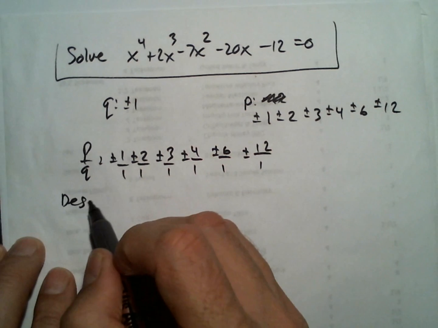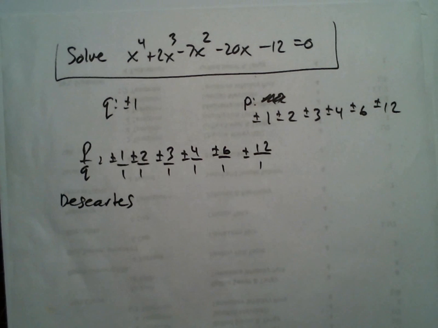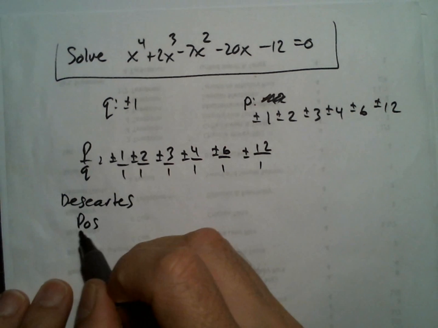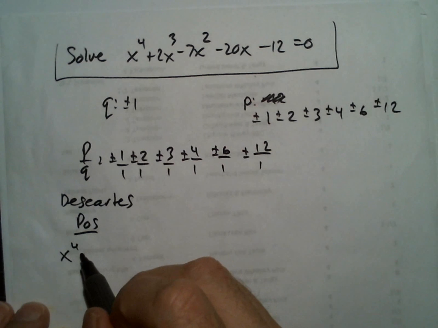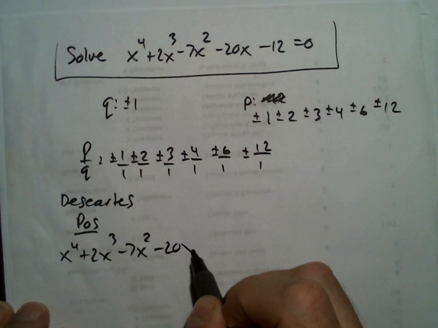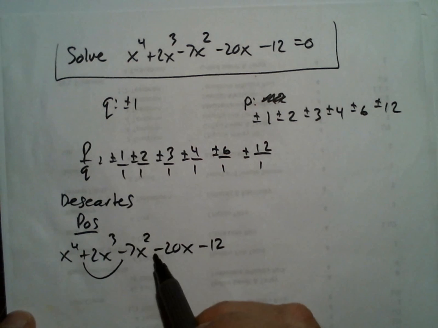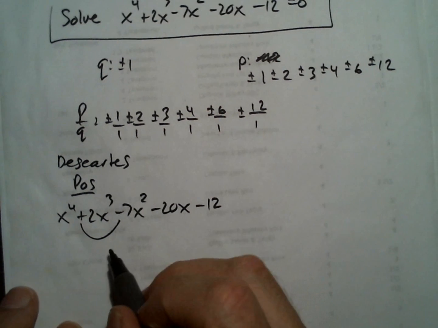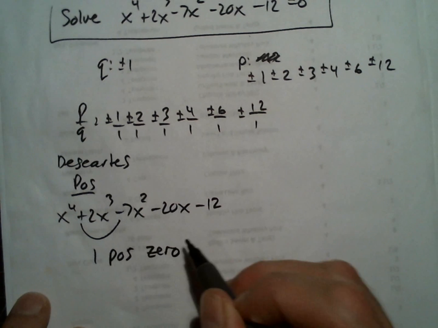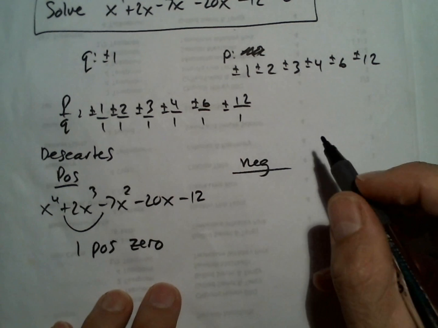Let's look at Descartes. Sign changes in the original. Positive zeros, we'll look at x to the fourth, positive to positive to negative to negative to negative. So we will look for 1 positive zero. And let's look at the possible negative zeros.